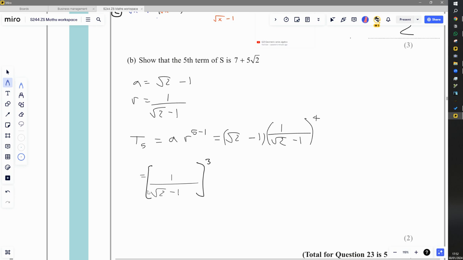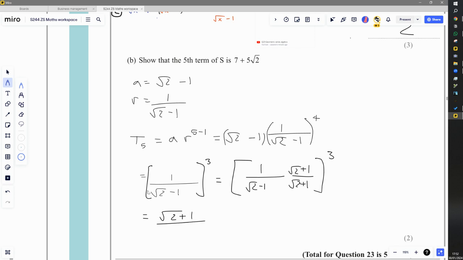The way that we do that is we multiply it. We're using the difference of two squares trick. We take this and multiply it by root 2 plus 1 over root 2 plus 1, and we still have to remember to cube all of this at the end. So at the top we'll just have root 2 plus 1.